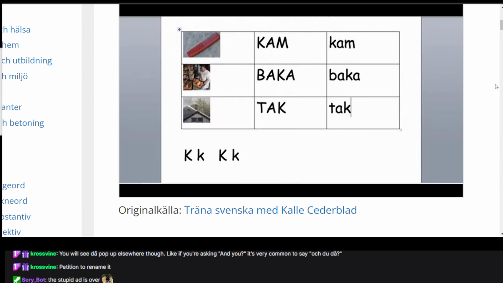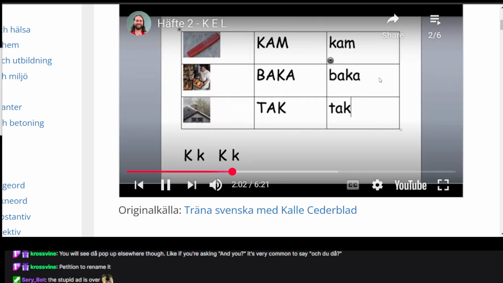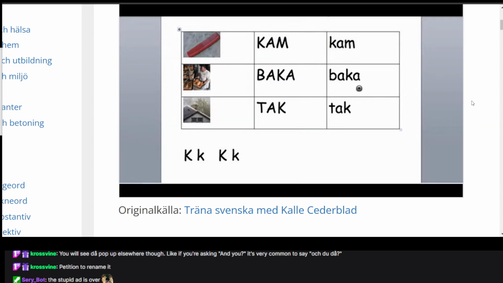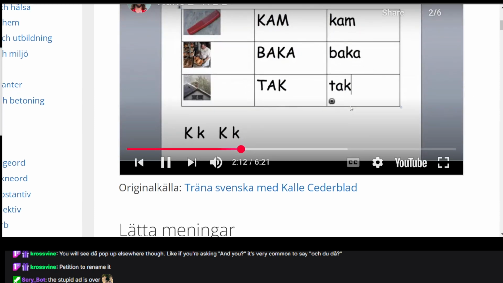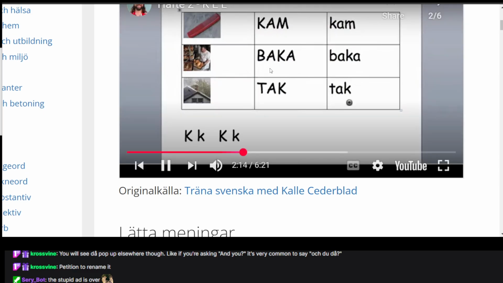A. Talk. Vi läser en gång till. Kam. Baka. Boka. Talk. Kam. Baka. Boka. Talk.